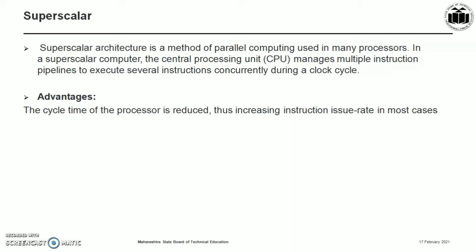The advantage of such a superscalar architecture is that the cycle time of the processor is reduced, thus increasing the instruction issue rate in most cases. In real-time applications, superscalar architecture, multi-core processing and pipelining techniques help to improve the performance of the system.